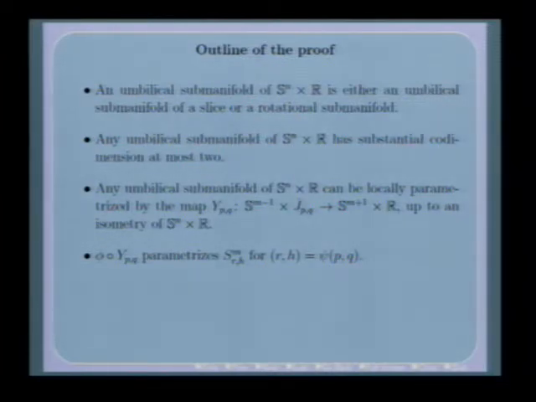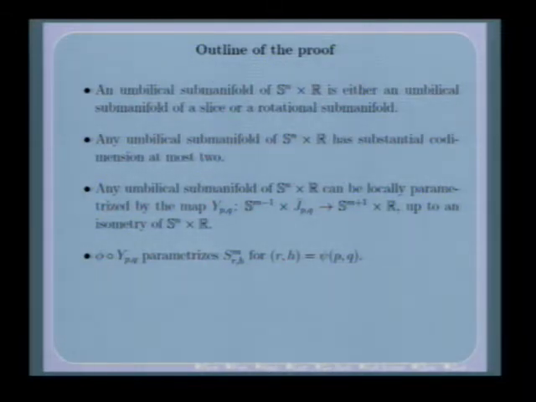And knowing those two facts and using the umbilicity condition, we are able to get a system of ODEs for the coordinate functions of the profile curve. And fortunately, it can be solved explicitly. And this gives rise to that parameterization Y_PQ I showed you before.